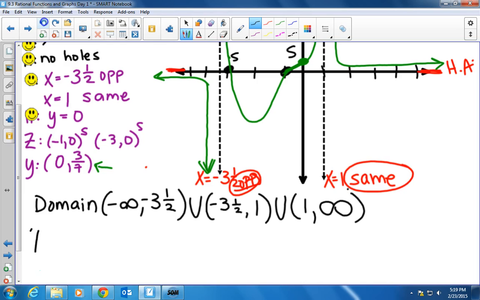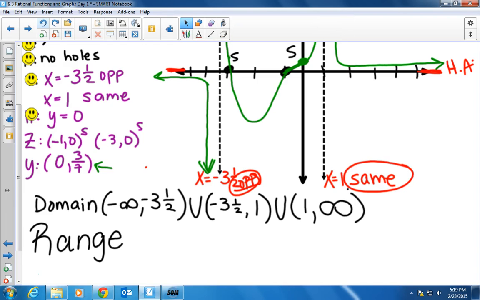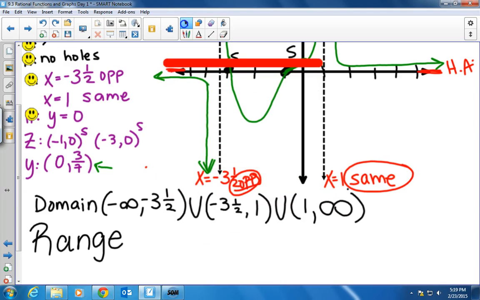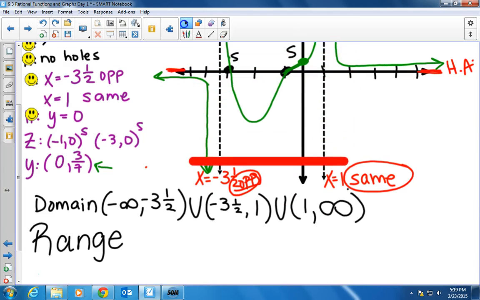Then you have your range. There are not any gaps in the range for your graph. What I'm going to do is I'm going to grab a line. Here's a line. And the reason why I have this line is because if you notice, if I slide this red bar all along up and down the graph, there's no holes.